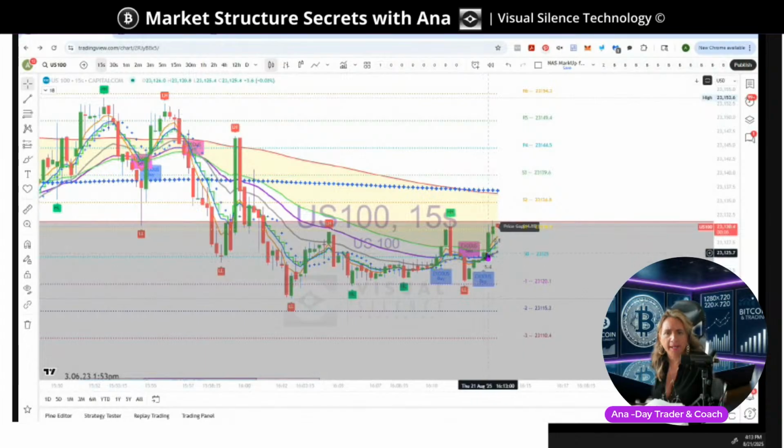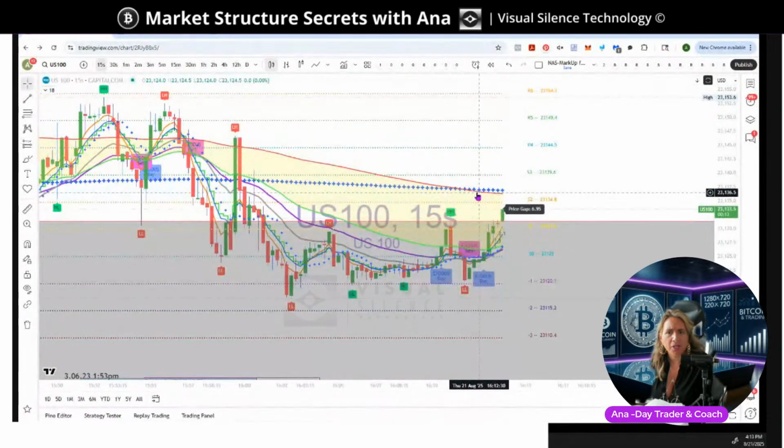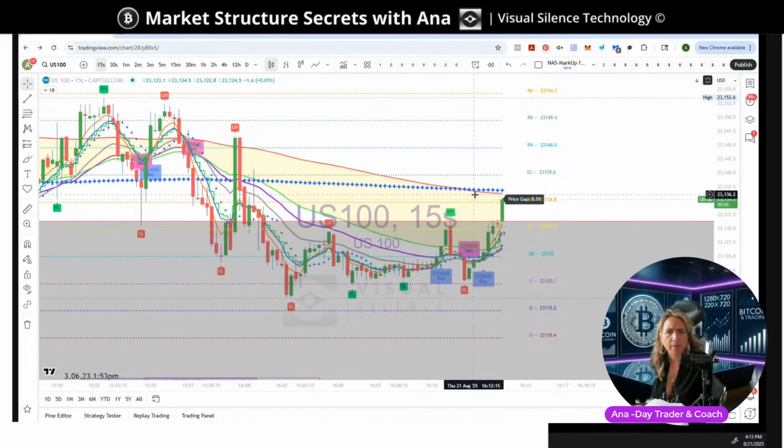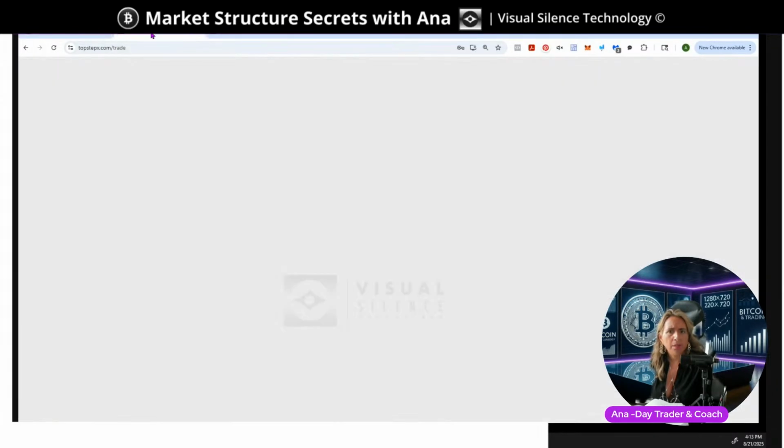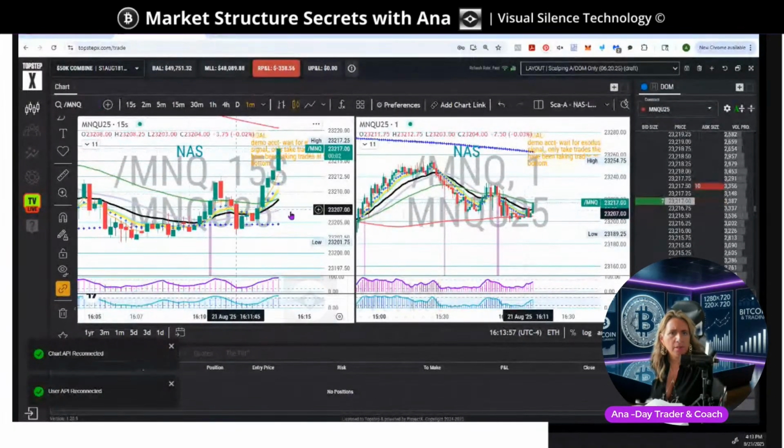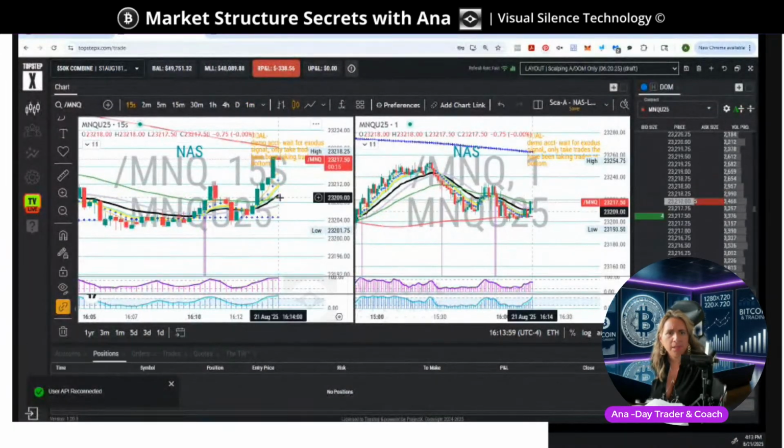We are at my Exodus cross for it to fire. Let's see if it would fire and go ahead and take off to the level that we want, going up to this 800 concept. So let's see if that takes place. I'm sure it will. Looks like it's going to.